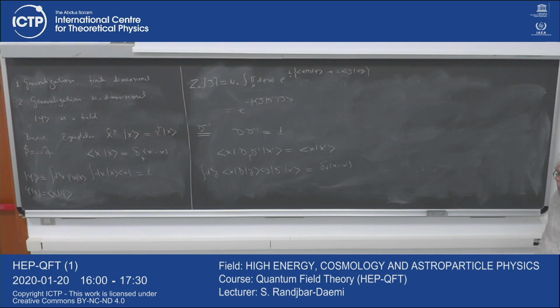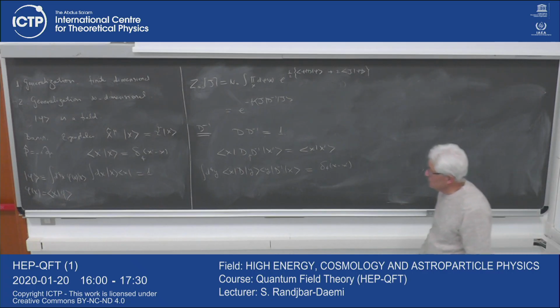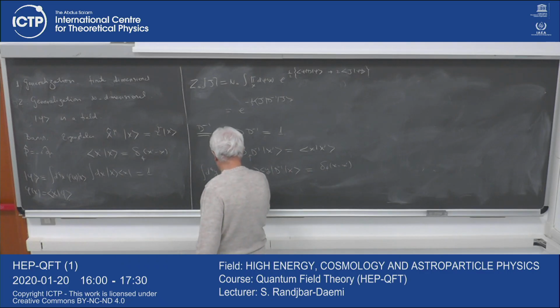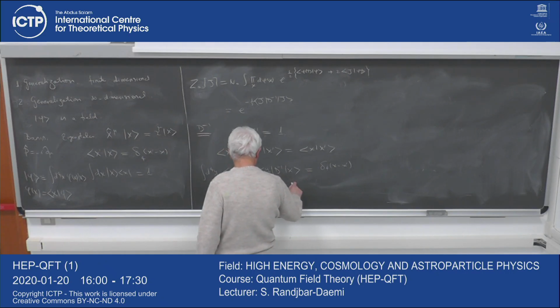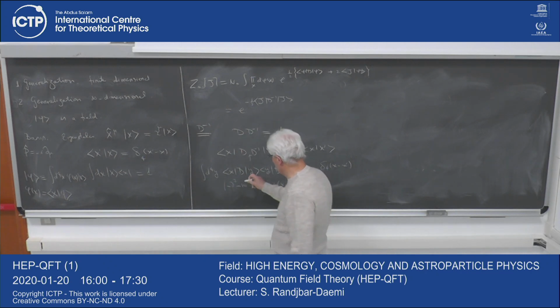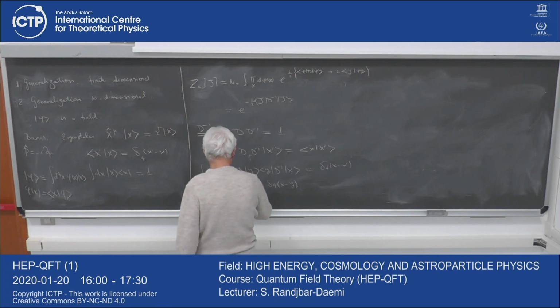Okay? This one we already saw what it is. It is minus d squared minus m squared plus I epsilon times delta 4 of x minus x prime. That's this part.